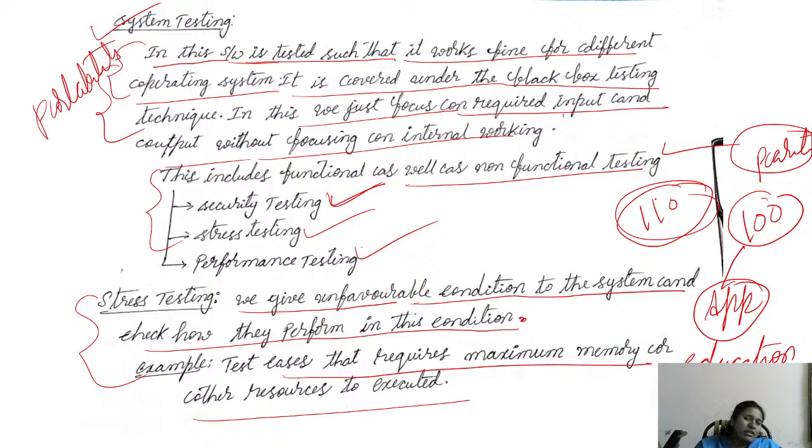If we cross the limit, is it working fine or not? Like that, if we give more stress, more than its capability, how is it working? Unfavorable condition means that only, right? It is not a favorable condition. Now we will see how that system is performing.